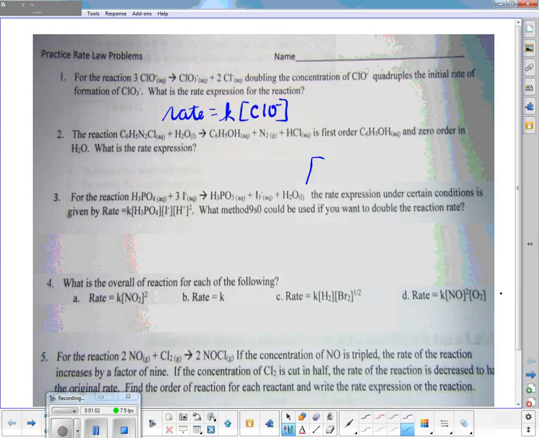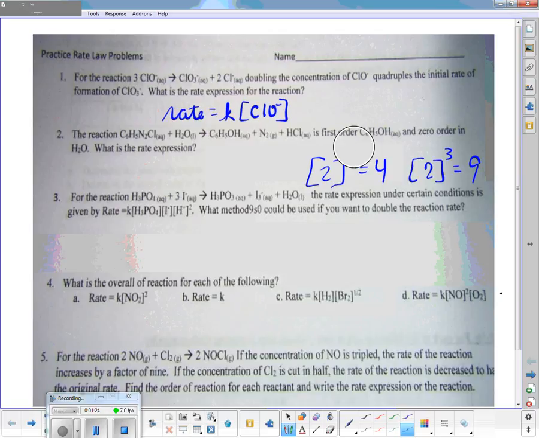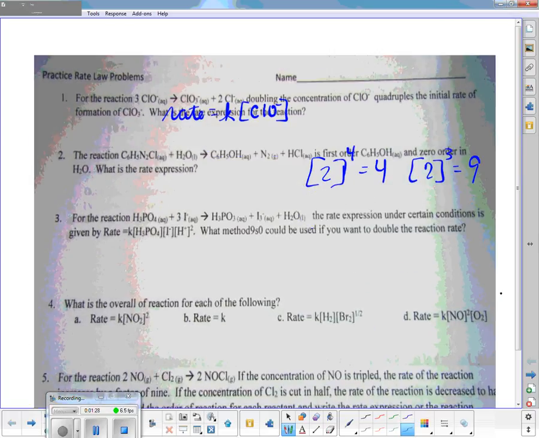So if I double this, what power does that have to be to quadruple? What does quadruple mean? That's what I'm trying to say. You guys tell me. So quadruple, so if I times this by 4, or to the 4th power, whoops, this is the same power.